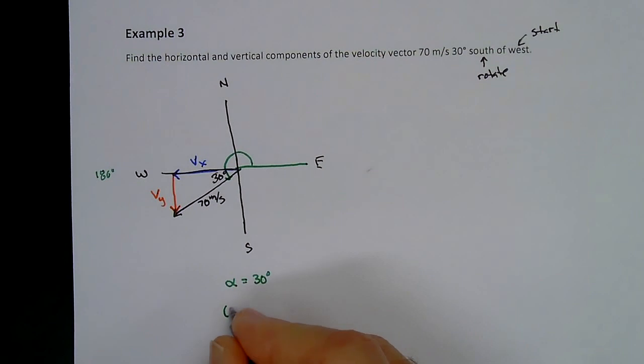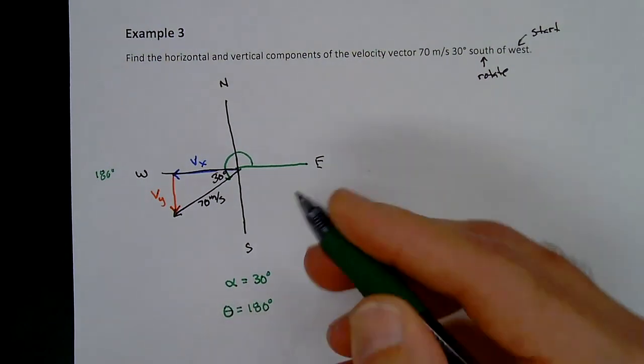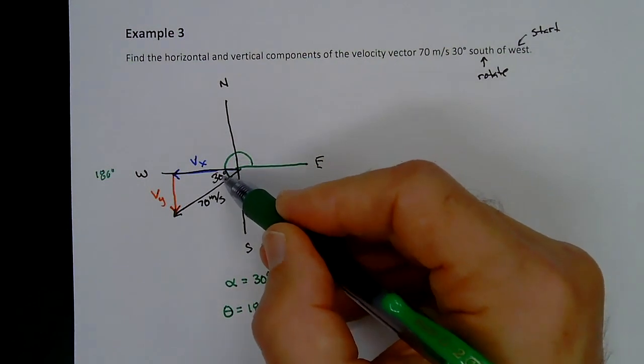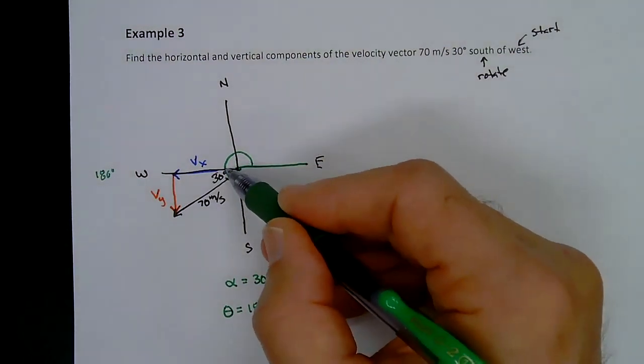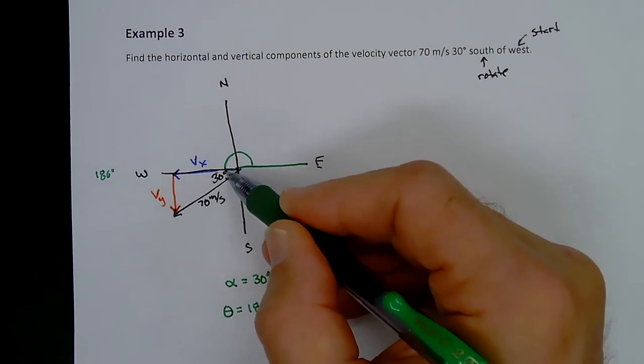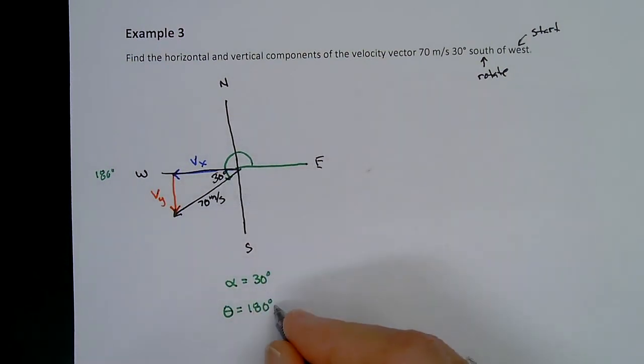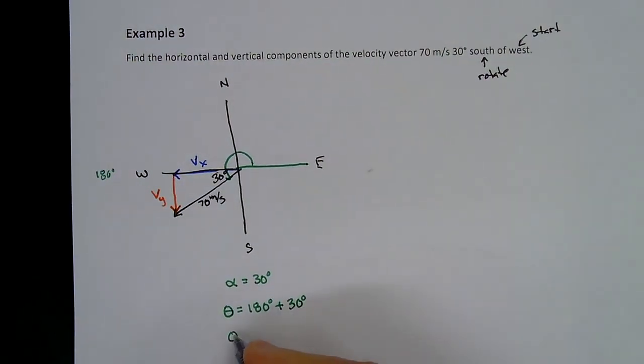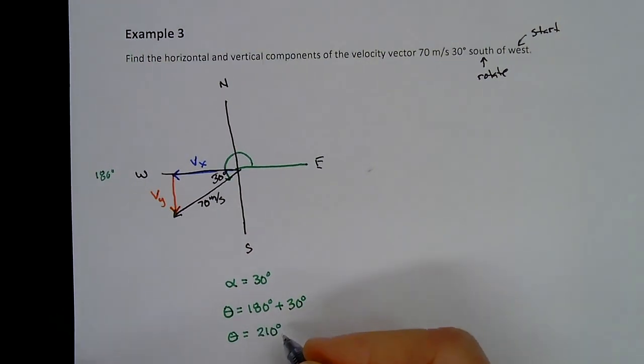So actually, my angle theta is 180 degrees, and I need to go 30 degrees more than that because 180 degrees would stop it right on the negative x-axis right here. I got to go this little amount more, right? So this is 180 degrees plus 30 degrees. And so that makes theta, our angle, 210 degrees. That's the angle we need to use.